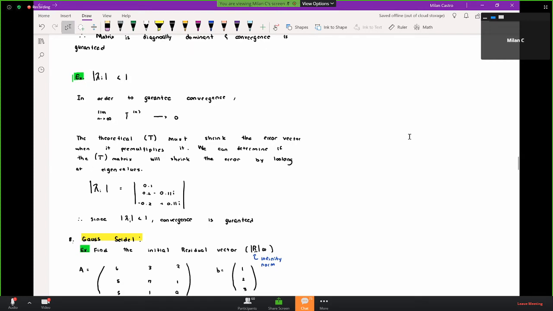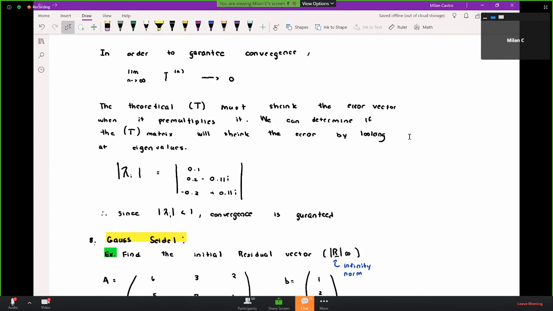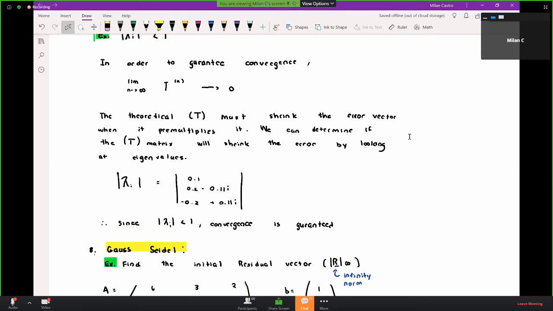I have an example eigenvalue set here. Let's say you are given any theoretical matrix. It doesn't really matter at this point. We're just looking at the eigenvalues. All the eigenvalues in this vector are less than 1.